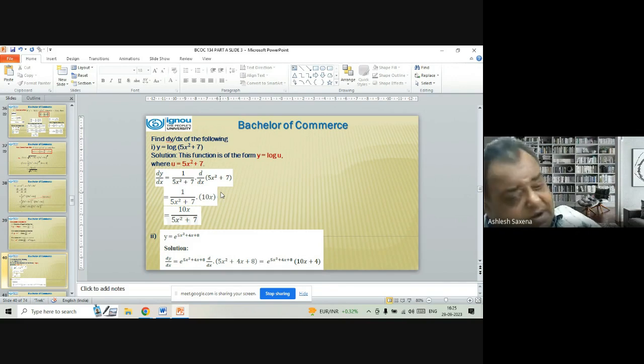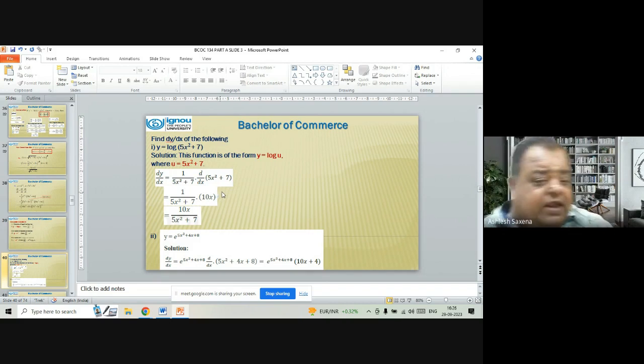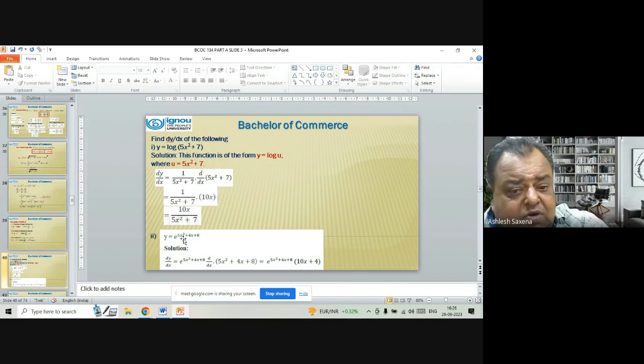The derivative of e^x remains e^x into the derivative of x. Here you see that this whole power is in the form of x, so I have to differentiate it. Add this power: 10x + 4 + 0. You are going to get this.